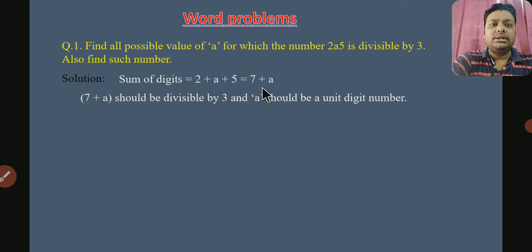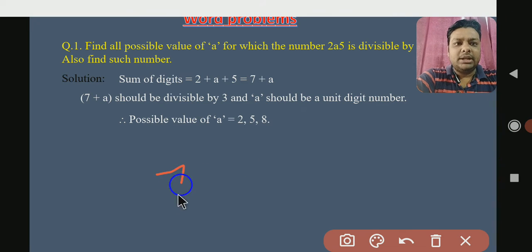So the next number after 7 which is divisible by 3 is what? 9, 12, 15, 18 and so on. So now what value can we put? If we put 2, then 7 plus 2 will be 9.